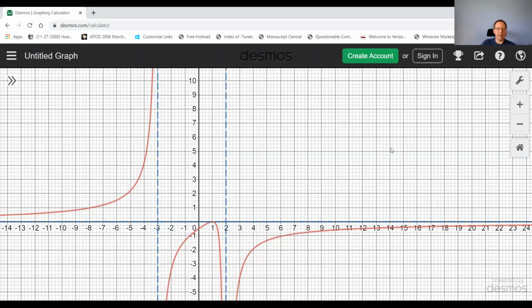So if we look at this, let me annotate this again. It looks like we have a vertical asymptote of x equals -3, that line.